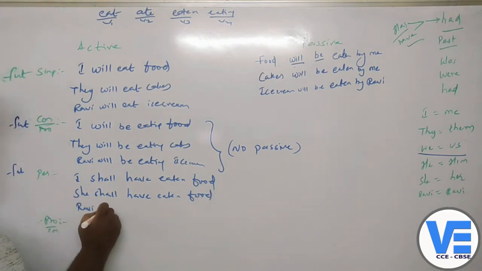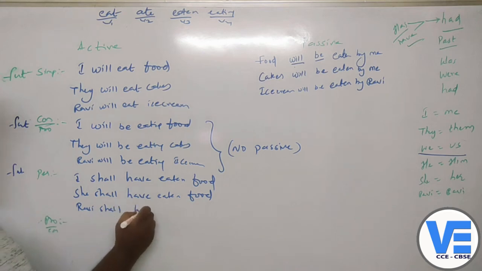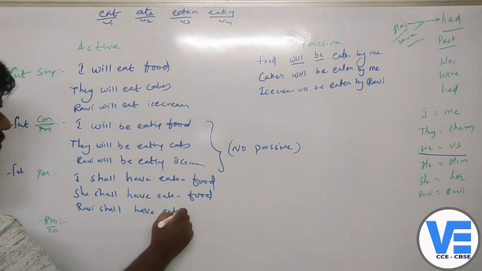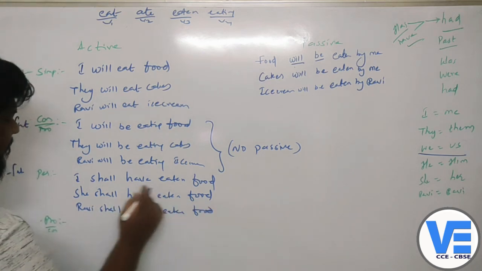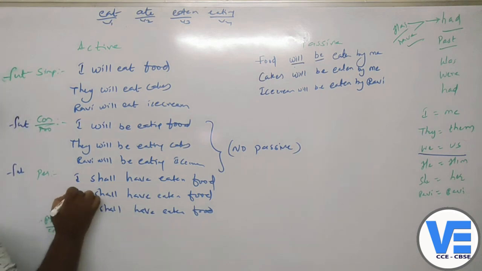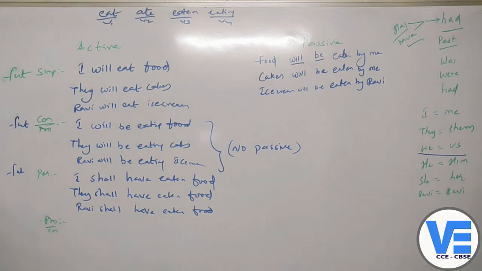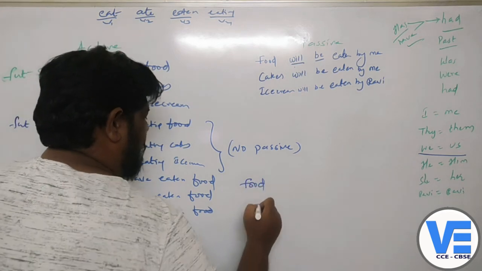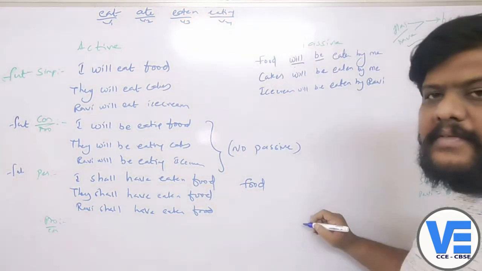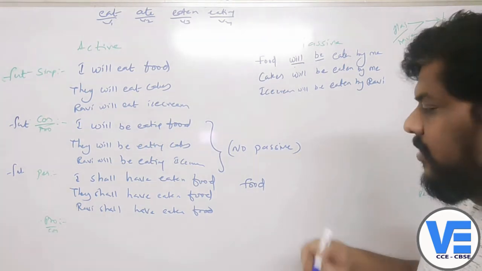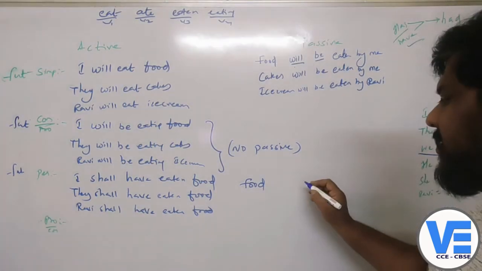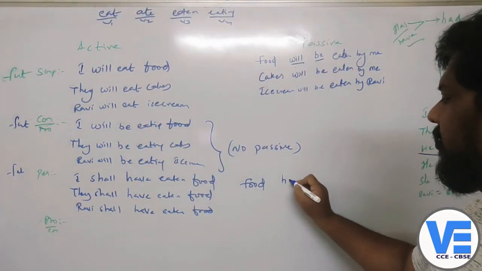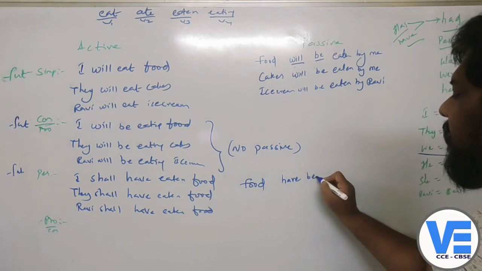Ravi shall have eaten food. We'll take here they. So if you see this passive voice, I shall have eaten food. So here the passive voice will go like this. Food, same as you have used in the present and the past perfects. So food have been.